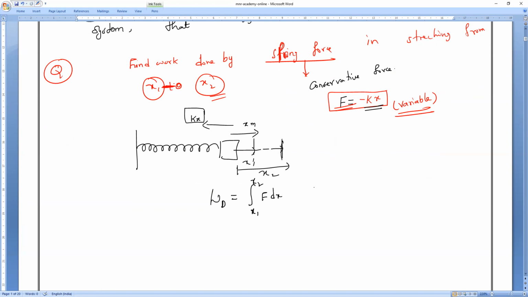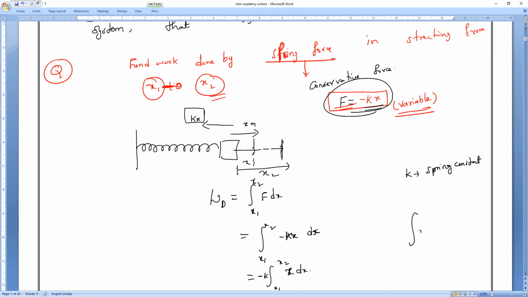If I apply the integration from x1 to x2, F is equal to minus kx, so minus kx into dx. Minus k remains constant, so I will take minus k outside. Now what are the limits? x1 to x2, integral of x into dx.